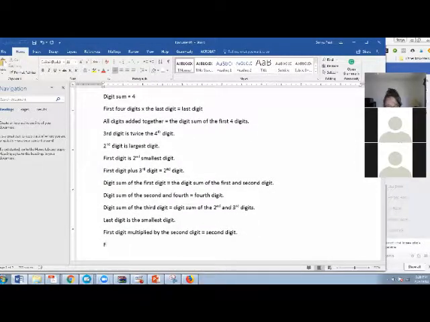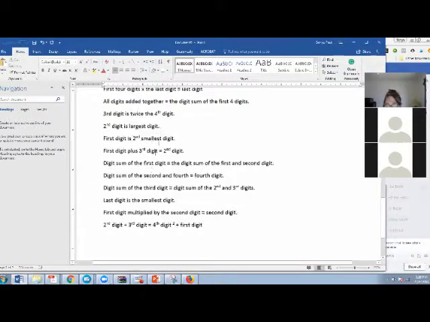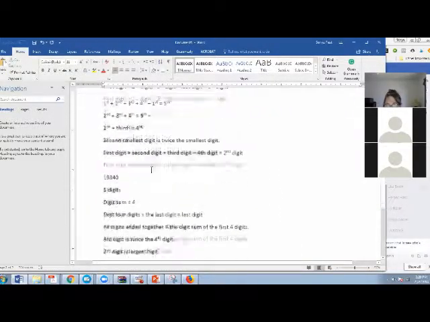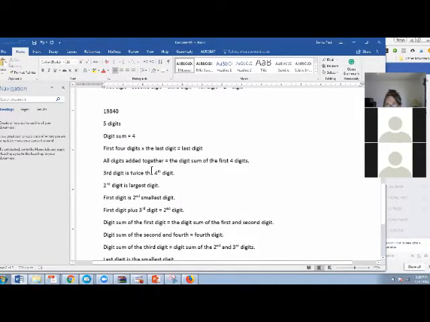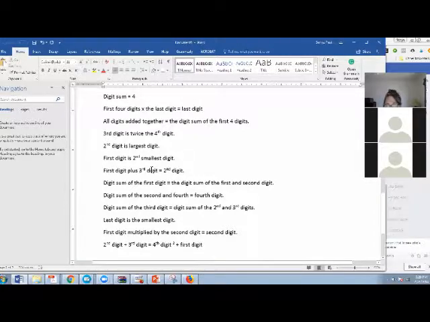The second digit plus the third digit equals the fourth digit squared plus the first digit. Plus the last digit.